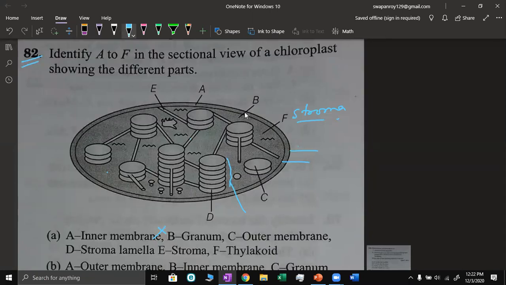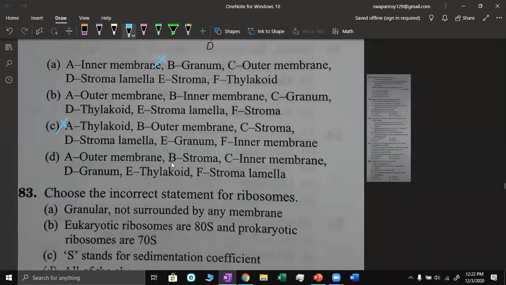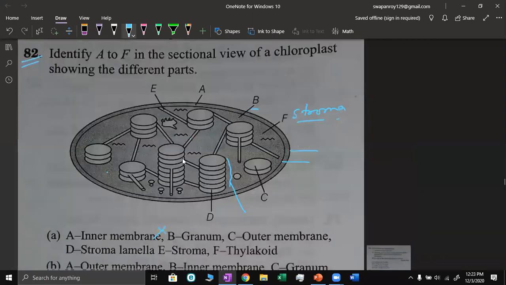Maybe this line has been drawn wrongly. These are wrong. Option C says A is thylakoid. No, so option C cannot be. D, A is outer membrane, B is stroma, C inner membrane. No, this is also wrong. So in this question, actually there is a defect in the drawing.